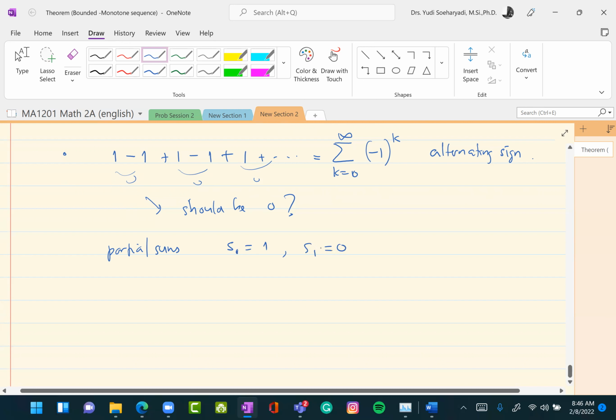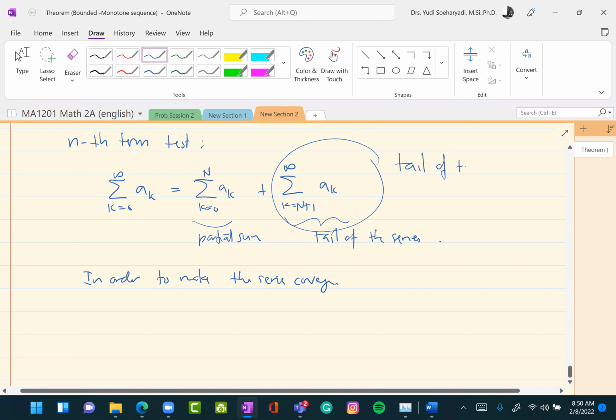All right. You see that if n goes to infinity, in order to make the series converge, then the tail of the series must be smaller and smaller.